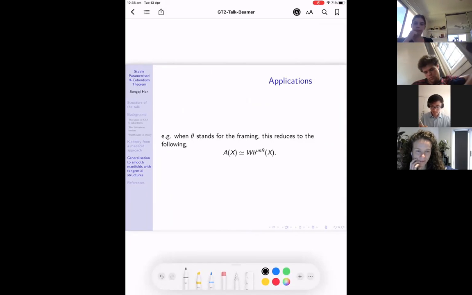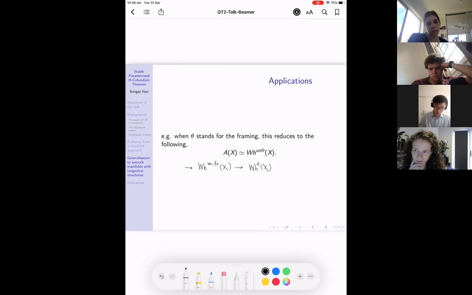So in this example, we see that when we take the tangential structure as the unstable framing, then the A-theory space is homotopy equivalent to the Whitehead space in this case. And we have the splitting from the Whitehead space of the unstable framing to the smooth Whitehead space.